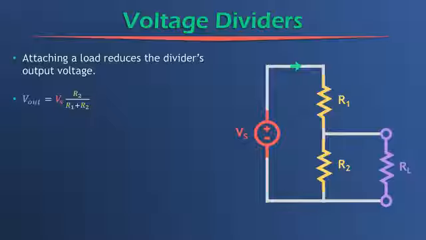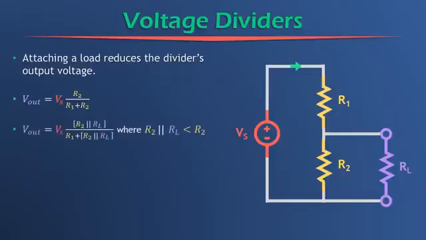So what used to be just R2 is now really R2 parallel RL, the equivalent resistance. So we can rewrite the V out equation to take this into account. So the old R2 now becomes R2 parallel RL, and we can substitute that in anytime we see R2.